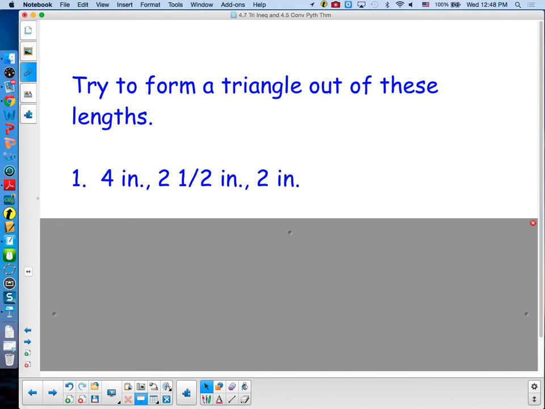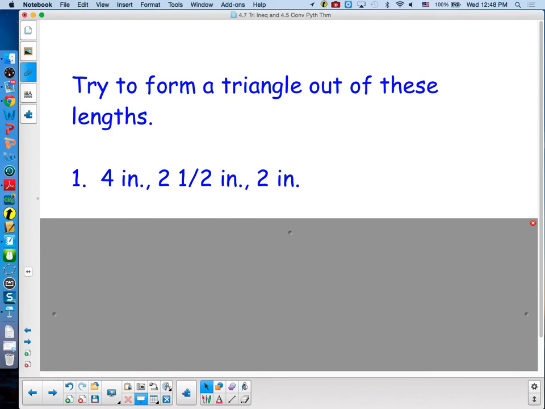Well, this is 4 inches. So this first arc's probably going to be that second one.